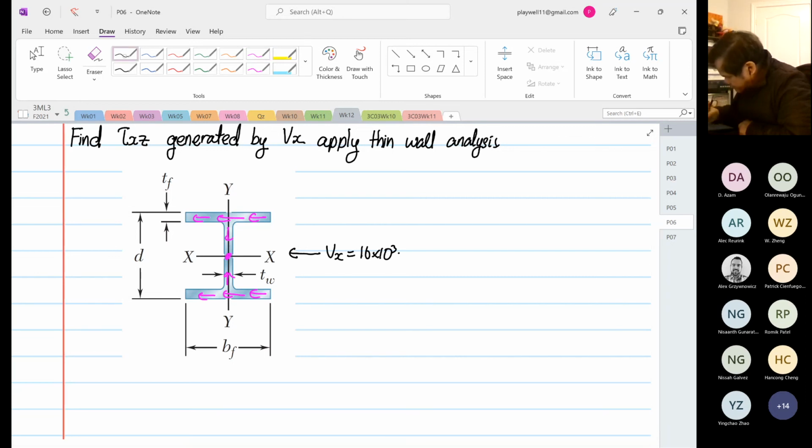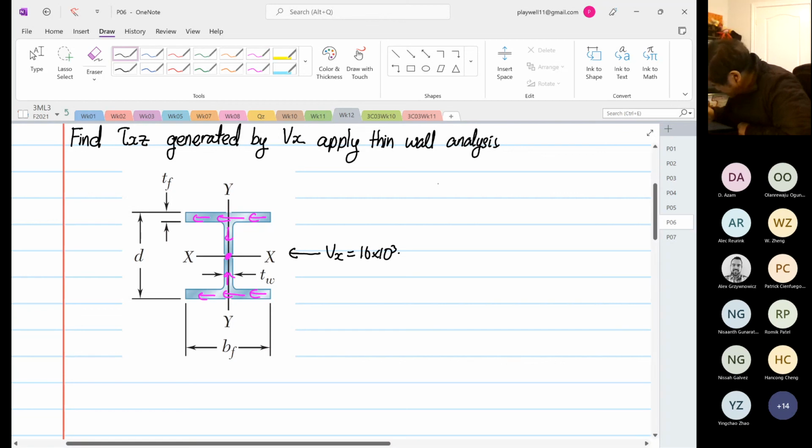So it states that what? Okay, so Vx, we know the shear, or if we look at the formula, shear xz is equal to Vx over Iyy times Qy, divided by t.